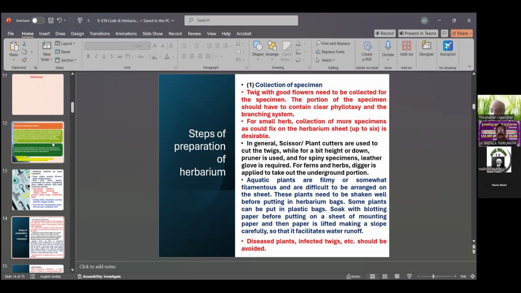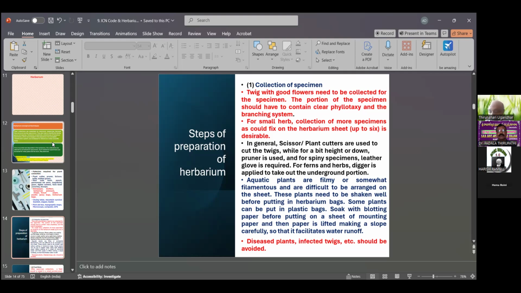Aquatic plants are filmy or somewhat filamentous, and are difficult to arrange on the sheet. So these plants need to be shaken well before putting them in herbarium bags. Some plants can be put in plastic bags.